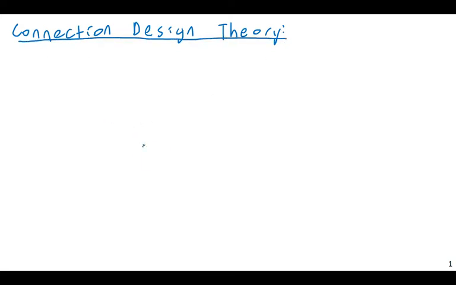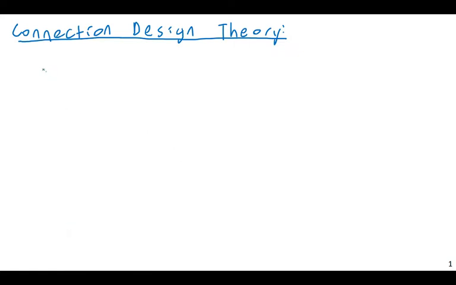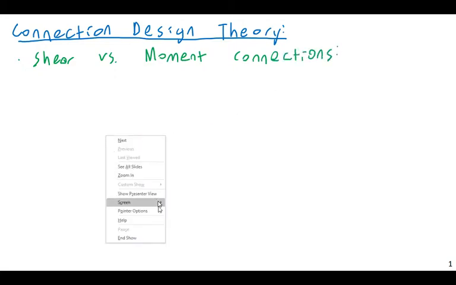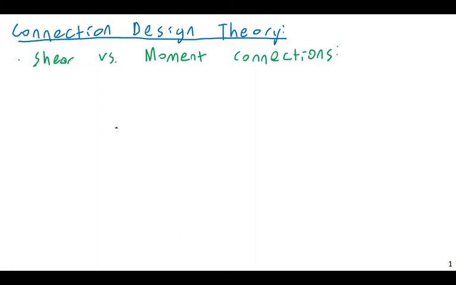All right, so the first thing I want to talk about is shear versus moment connections. Broadly speaking, there are two main forms of steel connections: shear connections and moment connections.